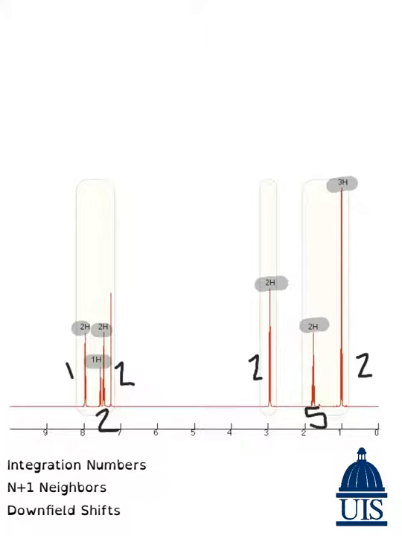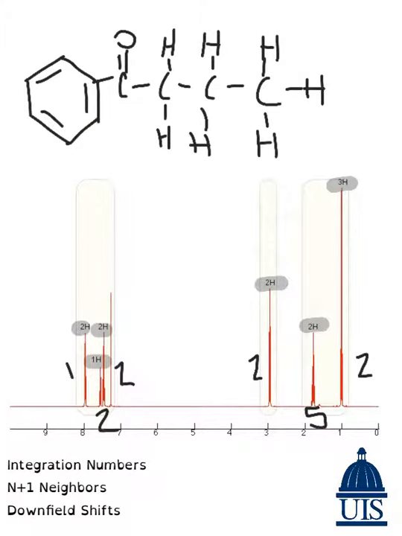So according to our proton NMR, our mass spectrometry and infrared spectroscopy, I have drawn this structure. As we can see, this structure fits the requirements that we needed according to our different analyses. We can see right here we have 3 hydrogens with 2 neighbors, and that is satisfied in our drawing right here.